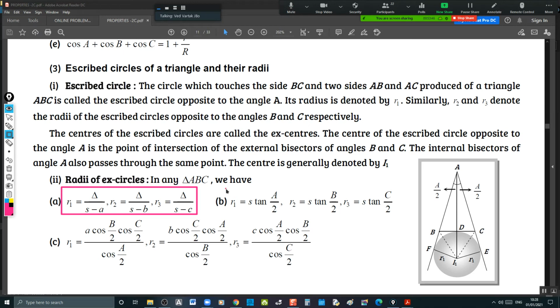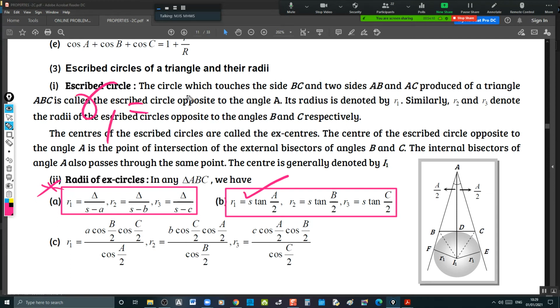R1 is equal to s tan A by 2, R2 is equal to s tan B by 2, R3 is equal to s tan C by 2. All this can be simplified, but the main formula you have to remember is R1 equals delta by (s minus a). R1 equals s tan A by 2 is rarely used, but delta by (s minus a) is frequently used.